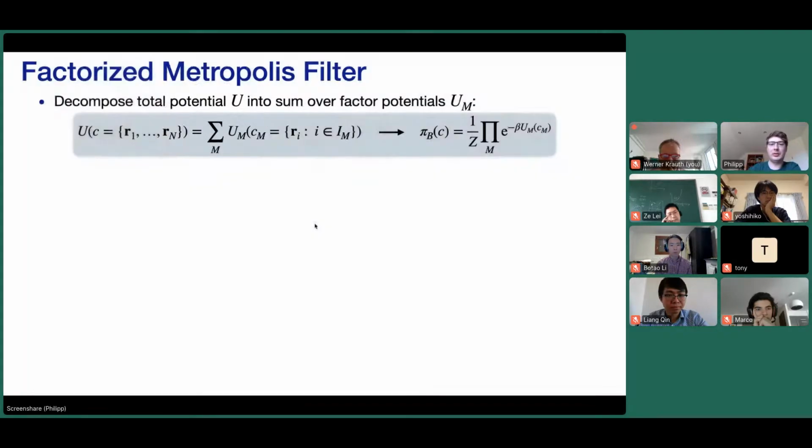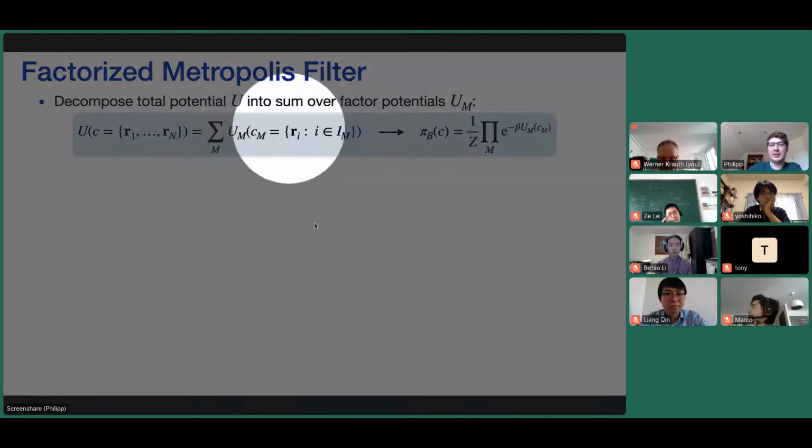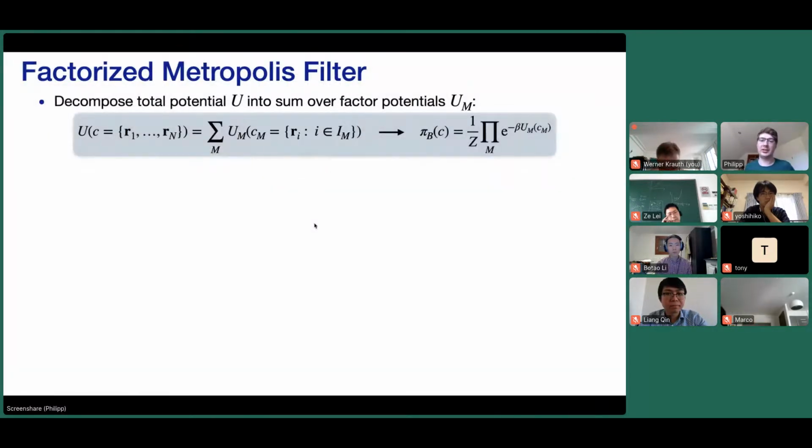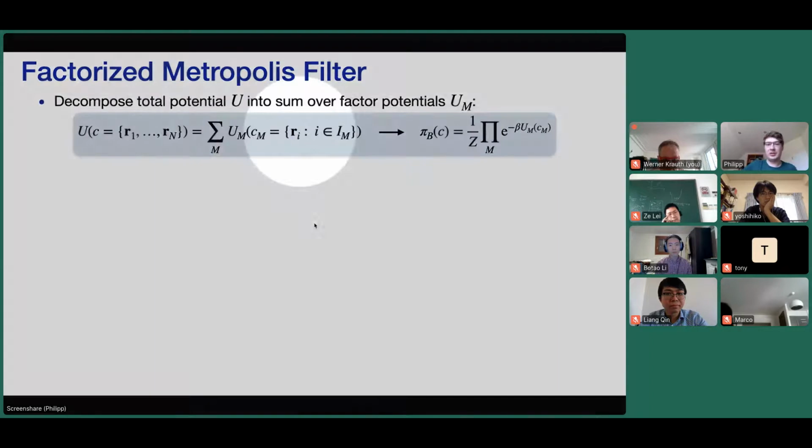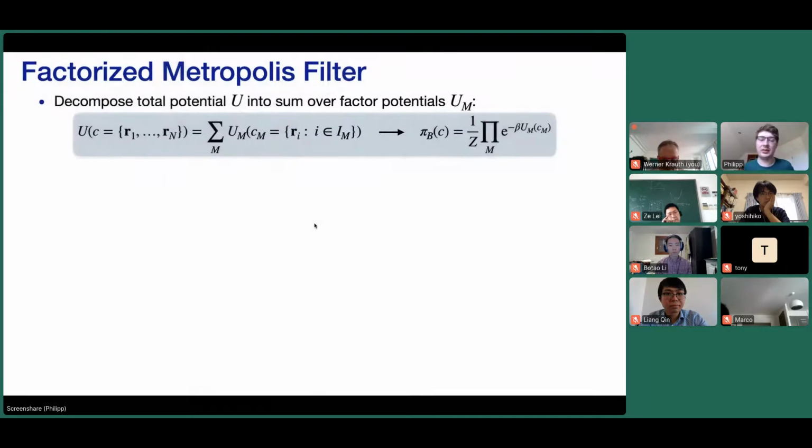Here we sum over all factors which have a non-vanishing contribution to this potential for any configuration. Here I introduced this factor configuration C_m, which is just a subset of the total configuration. So this I_m here in the back is just the index set of the factor, and these are just some point-like particles, not all of them.